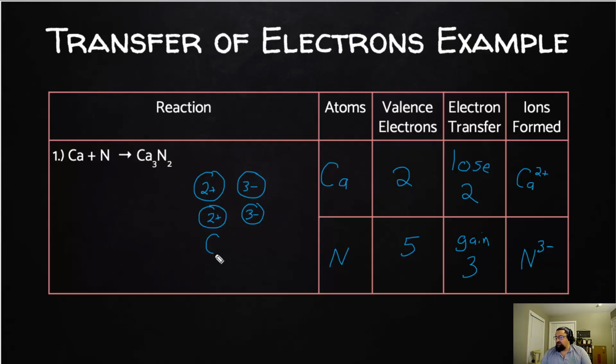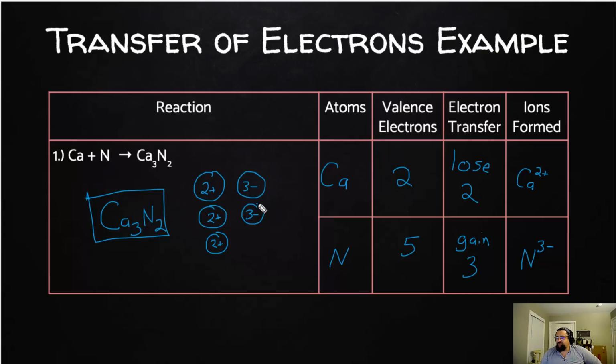So we have to add another calcium, in which case it'll now be 6 positives and 2 of these negatives, which make it 6 negative, and they cancel out. So our formula here will be, well, there are 3 calciums, Ca3, right? 1, 2, 3, and 2 nitrogens, so it'll be N2. And this is now our formula unit.